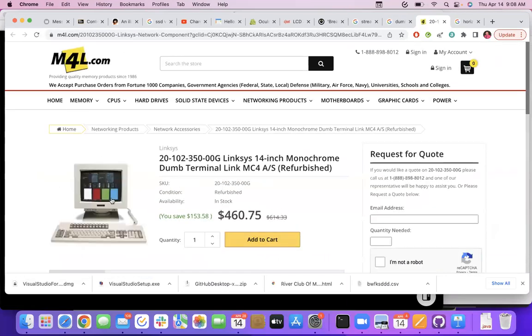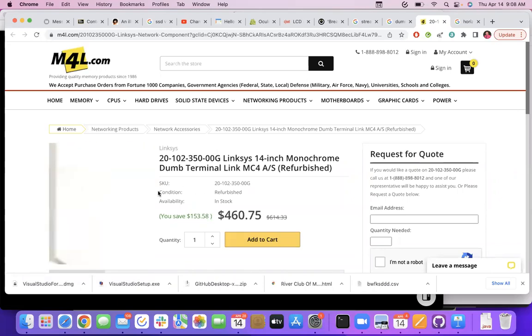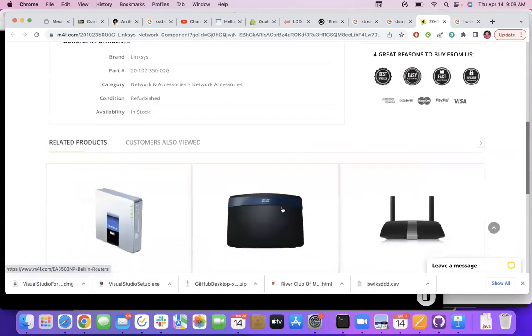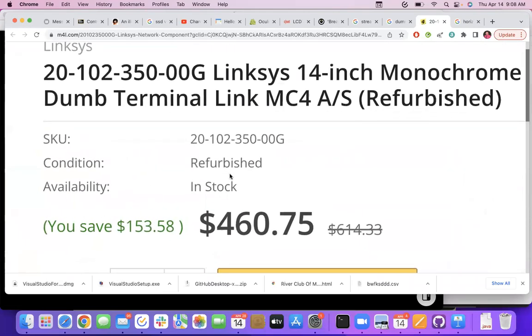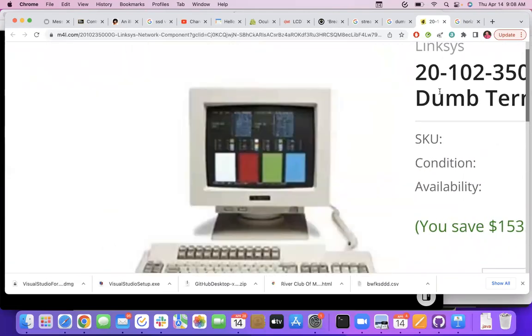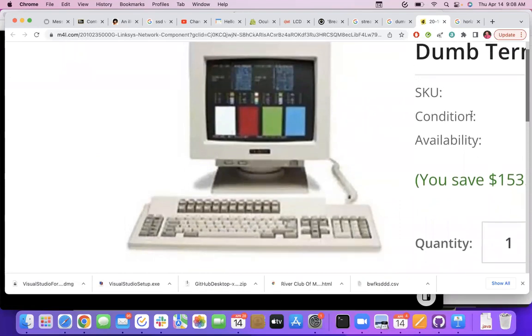This is one of them. Kind of get the picture there. So this is obviously a much older machine, but this is a computer that actually doesn't have any computing power.